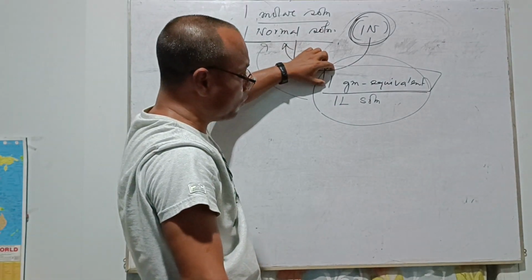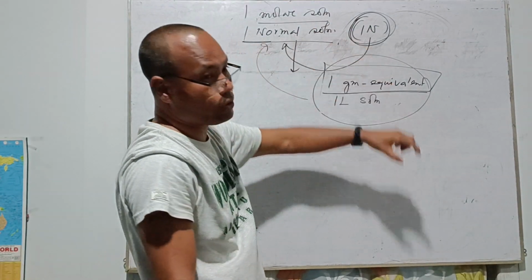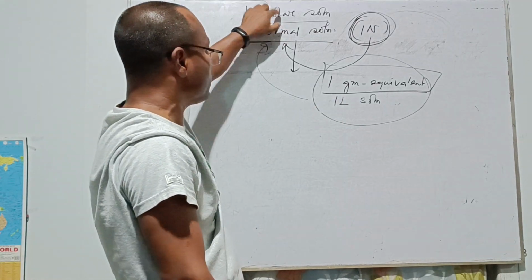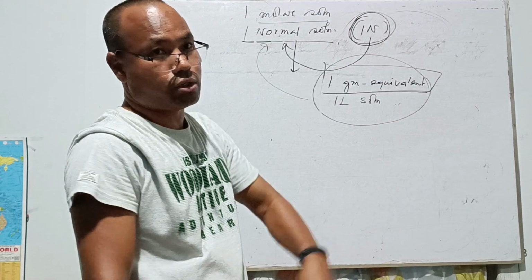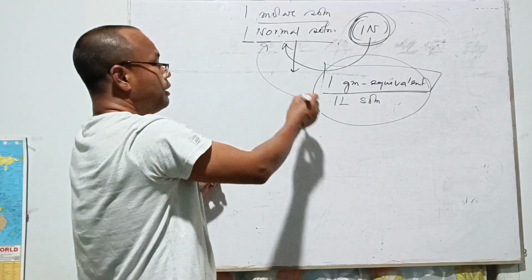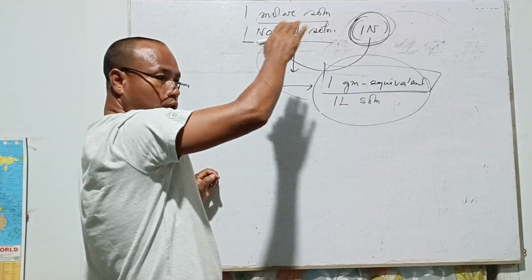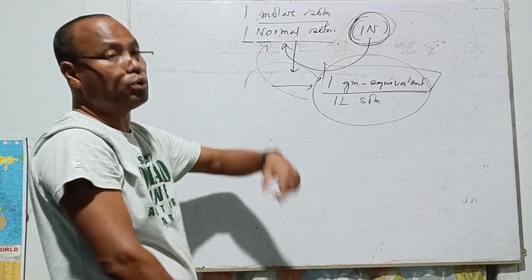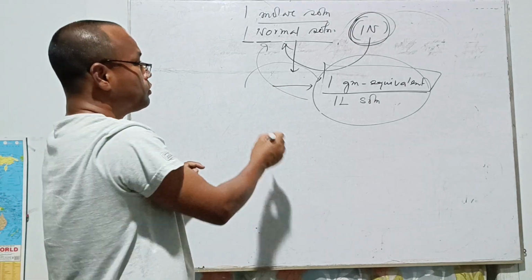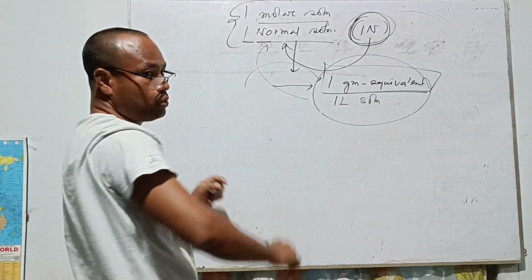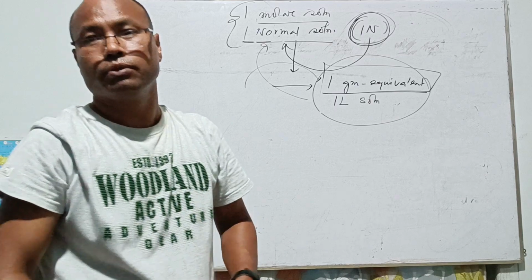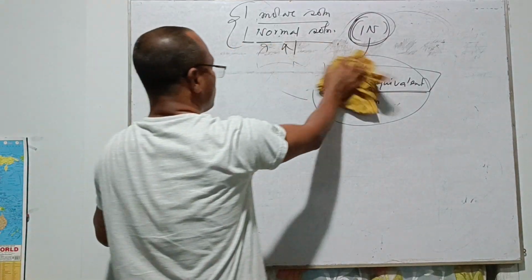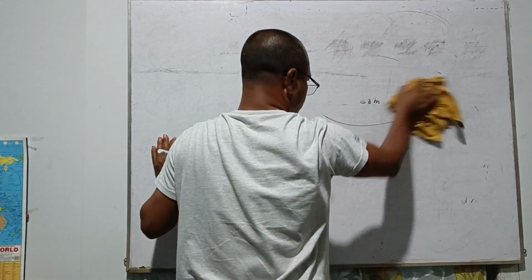If they are the same, the concentration of the 1 molar solution and the 1 normal solution is the same. But if the number of moles and the number of gram equivalents are different, the concentrations will also be different. Don't forget this. So this is about the normal solution.